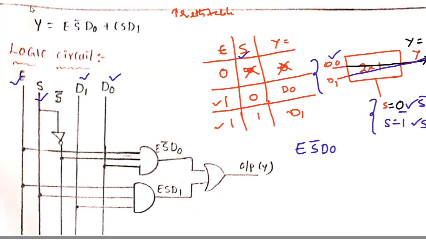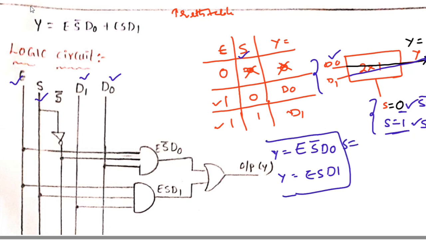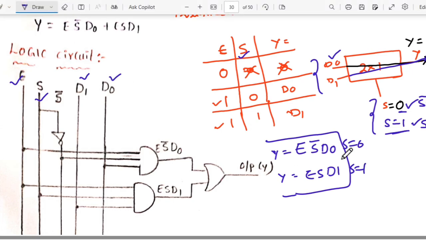So Y equals this. The enable pin must also be 1. This is the expression for S equal to 0, and this is the expression for S equal to 1.